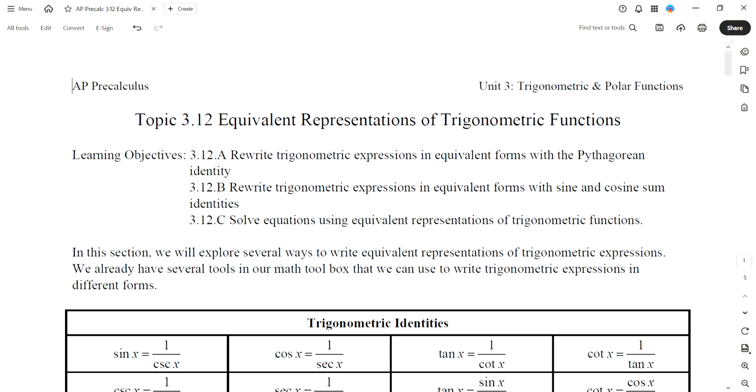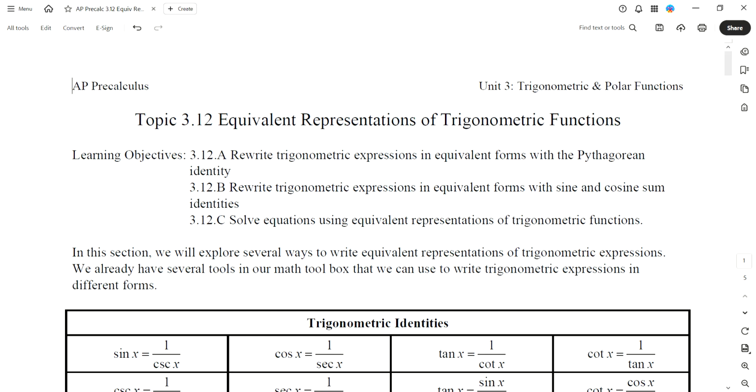Okay, so within each unit, we have looked at equivalent representations. Like, you might remember in unit 1, we did polynomial long division. We saw how polynomials and rationals were connected together.